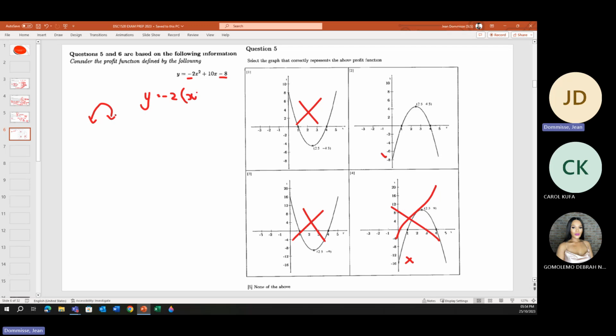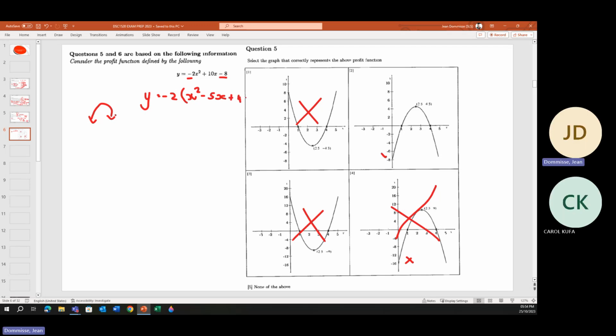Then I'm left with x squared, in the middle there I'm left with minus 5x, and at the back I'm left with positive 4. Okay, so I would have done that. And then I would have just tried to factorize that so that we can at least get your x's.